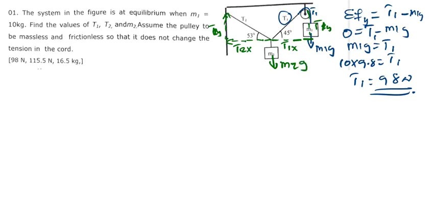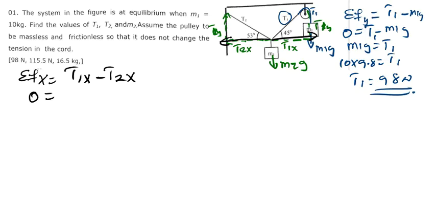So I'll say the summation of all the forces in the x direction. What forces do we have? We have got this force pointing to the positive x-axis, that is T1x. I have got T2x pointing toward the negative x-axis. The summation should be replaced by 0 because it is at equilibrium.